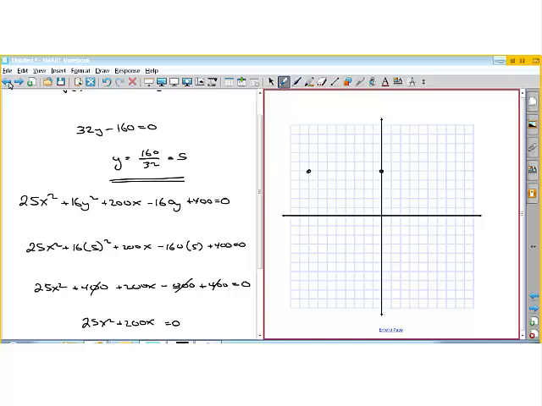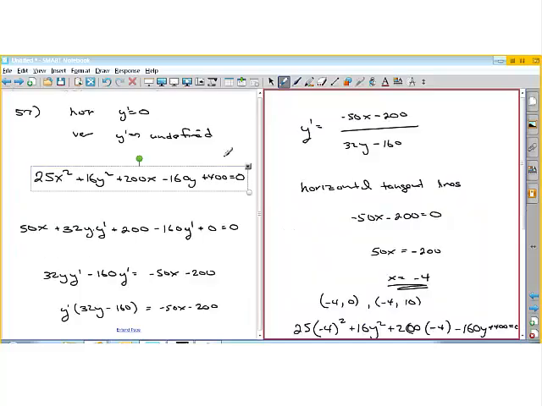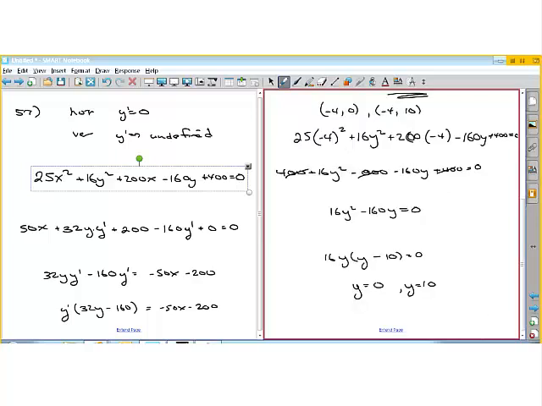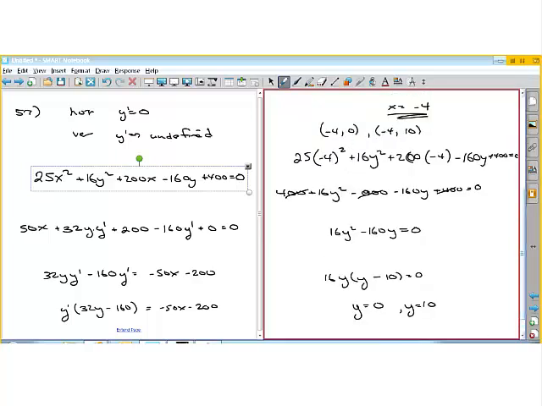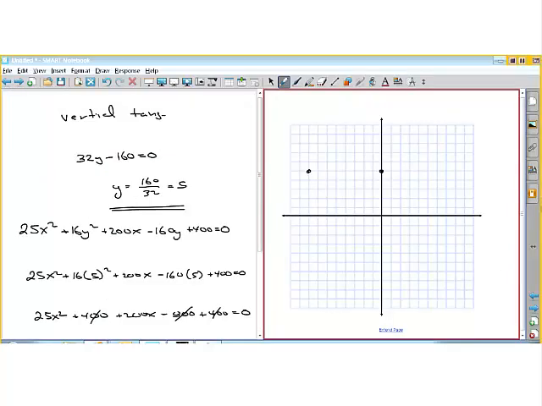And then the other coordinates, I wrote down here somewhere. Oh yeah, right here. Oh, -4, 0, and -4, 10. So -4, 1, 2, 3, 4, 0, and -4, 10, which is up here.